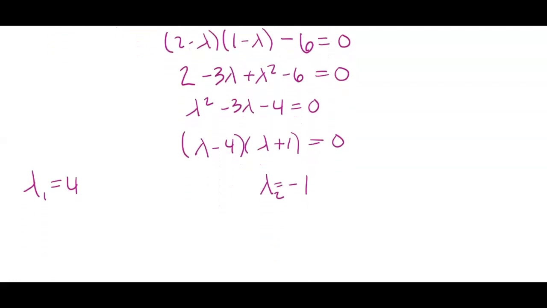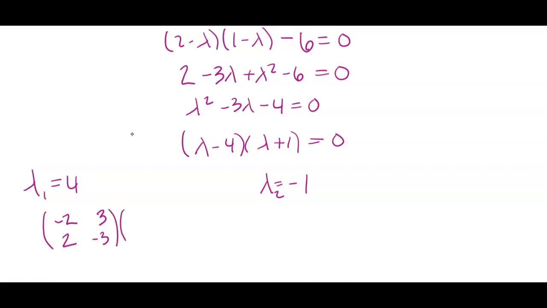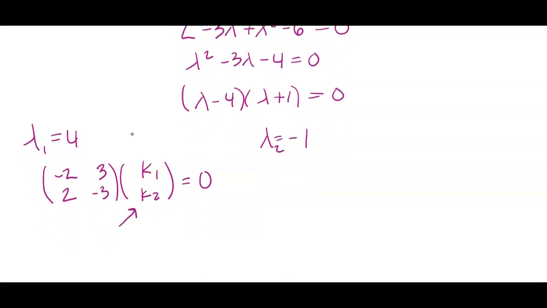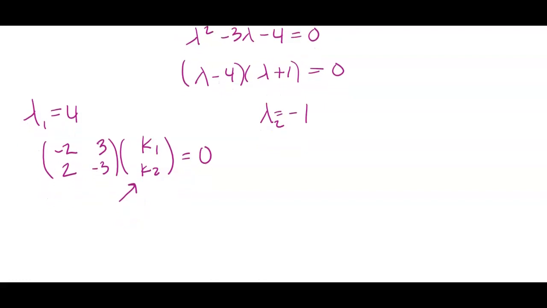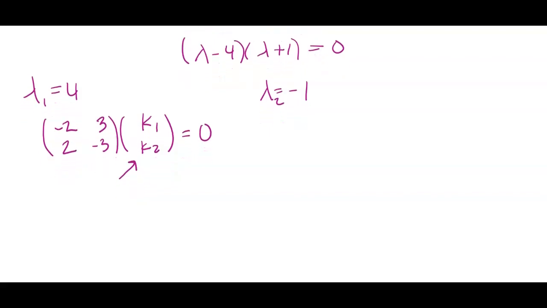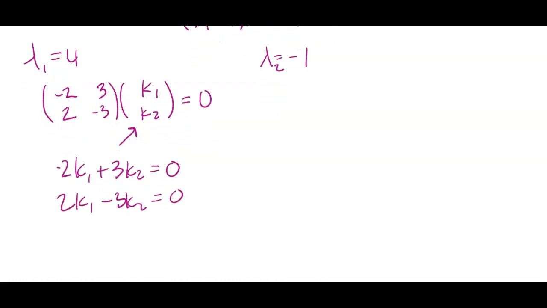If that's the case, then 2 minus 4 is negative 2, 3, 2, and then 1 minus 4 is negative 3, times k1, k2 must give me 0. This is what we call the eigenvector, the multiplicity in front of that solution. So negative 2 k1 plus 3 k2 needs to be 0, and 2 k1 minus 3 k2 needs to be 0.